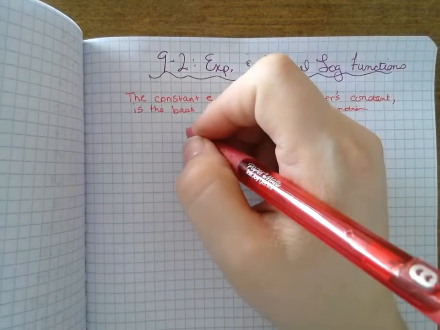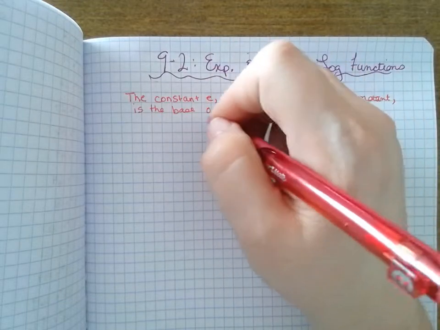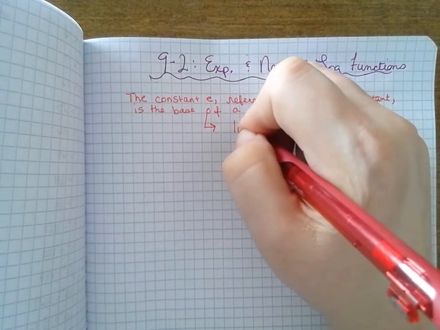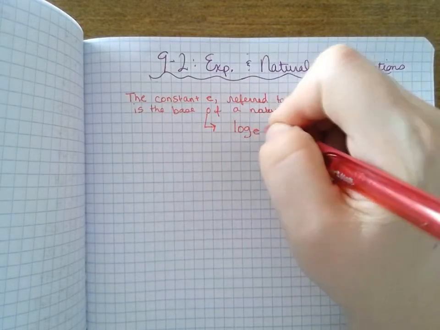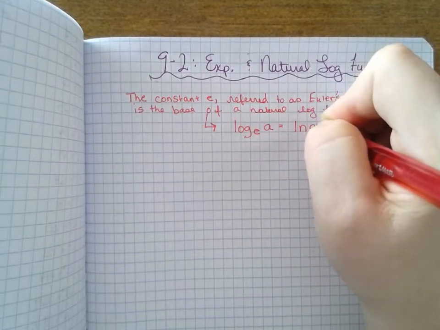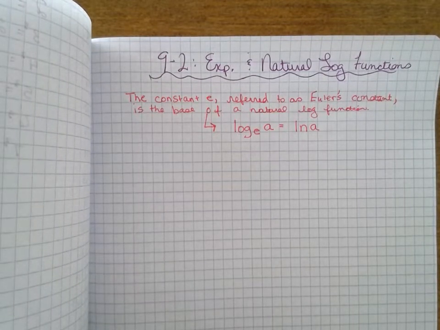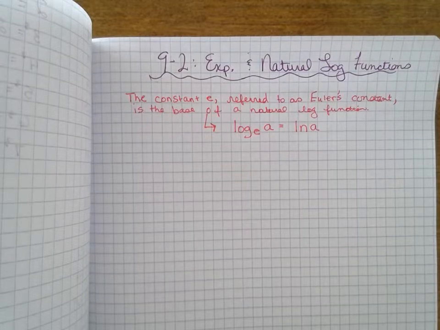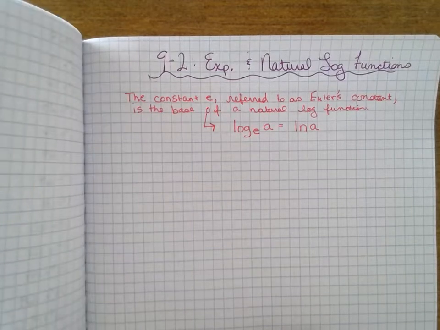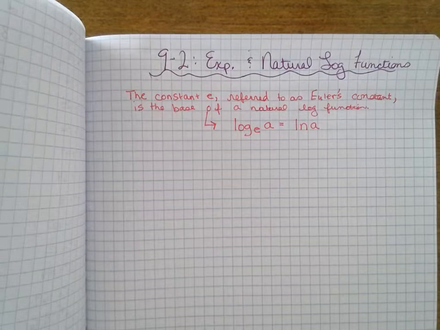So here, this is log base e of A equals the natural log of A. Instead of writing log base e, it's used so often in biology, in physics, in math, in finance, that it was just given its own name. ln of A. Logarithm natural.